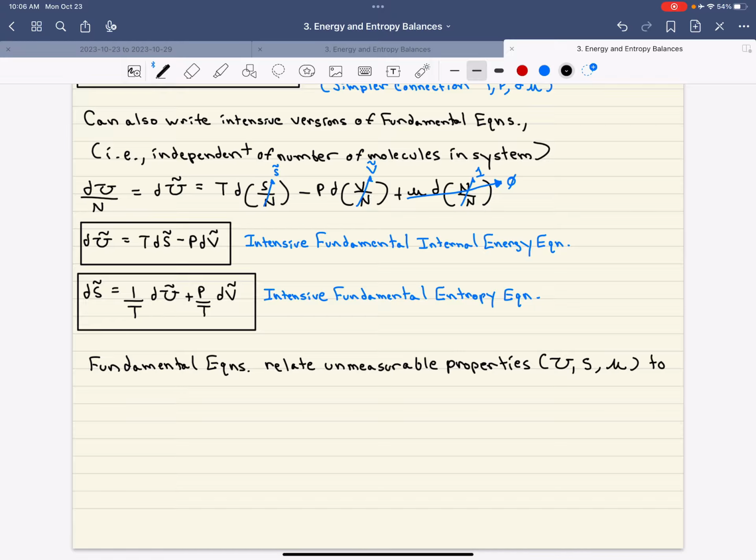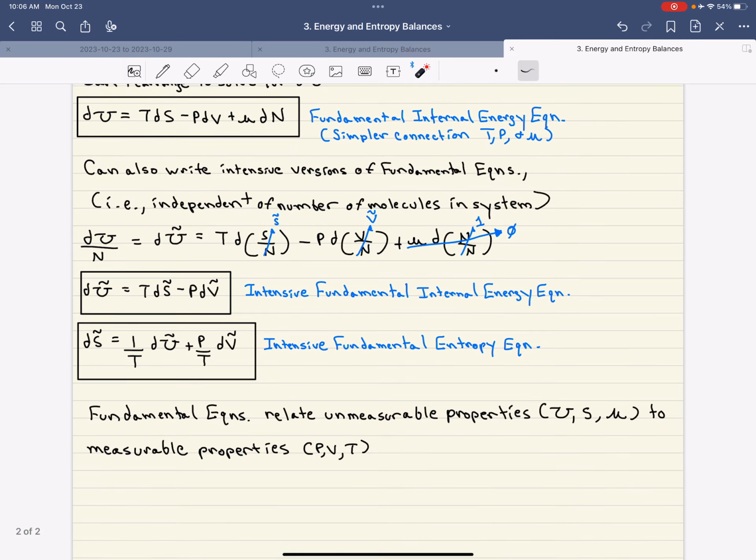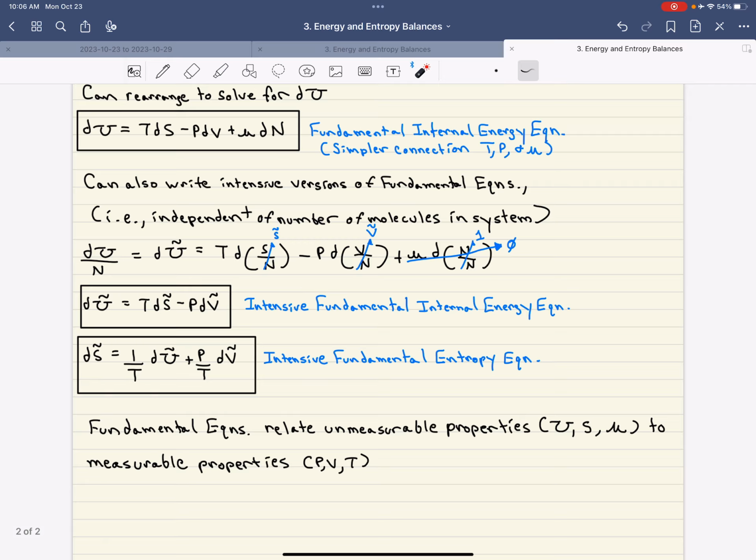We can relate those back to measurable properties such as pressure, volume, and temperature. And so if we do an experiment where we measure pressure, volume, and temperature, by starting with the fundamental equations, we could develop a thermodynamic model that relates these to these.